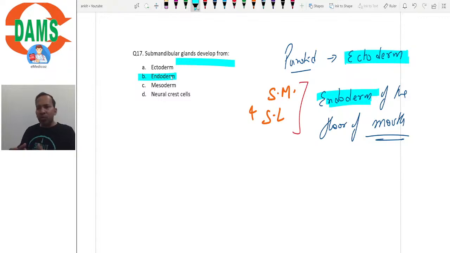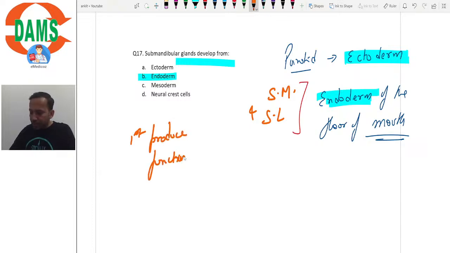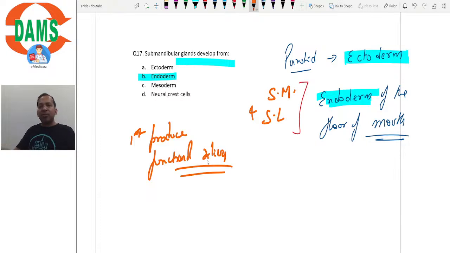So if someone asked you, when will these glands first produce functional saliva? Functional saliva means the saliva which is equivalent to the saliva that is produced once the child is born, right?